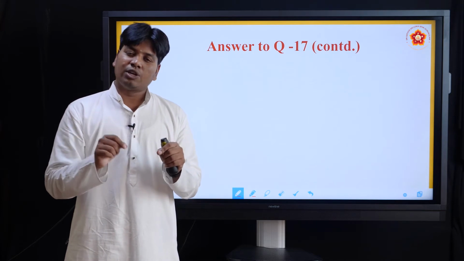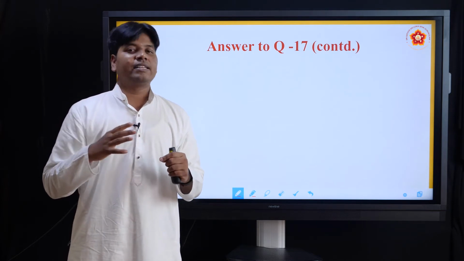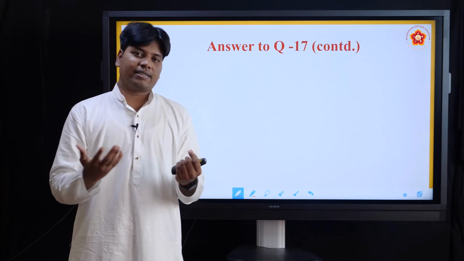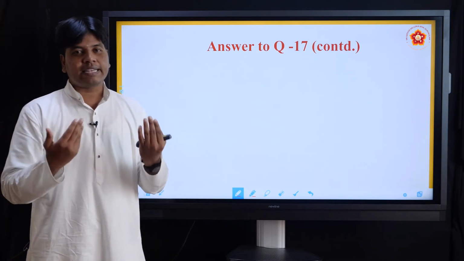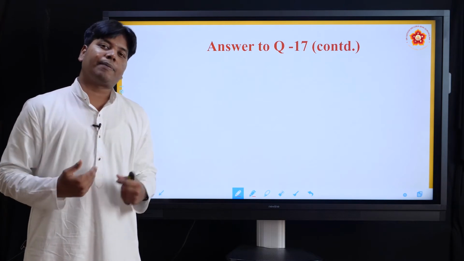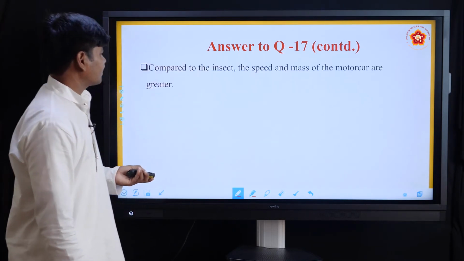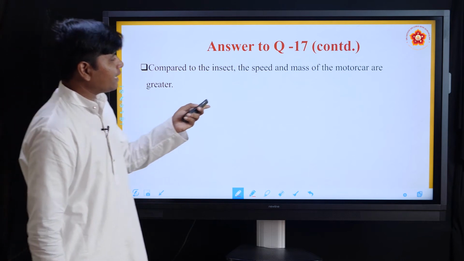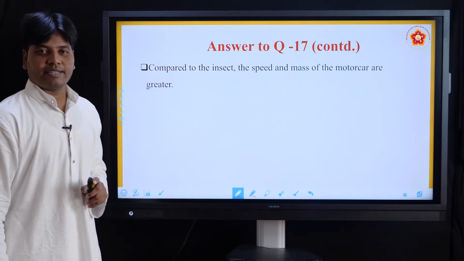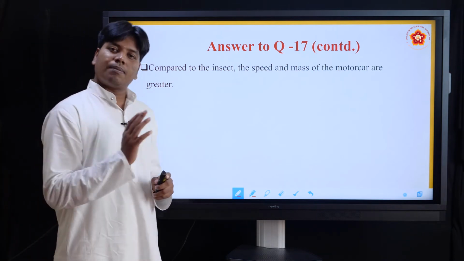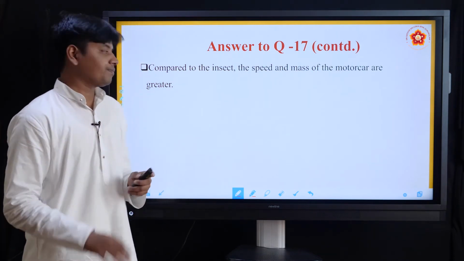Understood? Hence, you can also say that the insect died because it experienced a greater amount of force exerted by the car. So compared to the insect, the speed and mass of the motor car are greater, right? Speed is more, and mass is also more for the motor car.